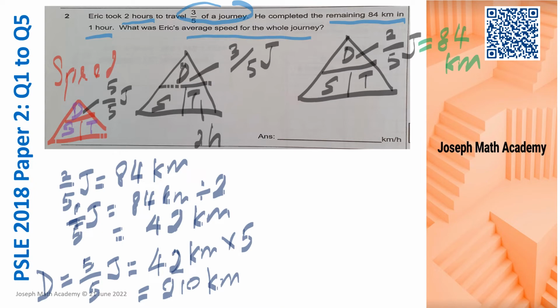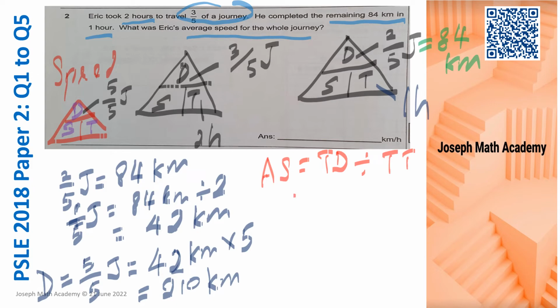Okay, and now I'm going back to my second triangle. Eric completed 84 km in 1 hour. So this is 1h. To find the average speed, average speed is equal to total distance divided by total time taken.